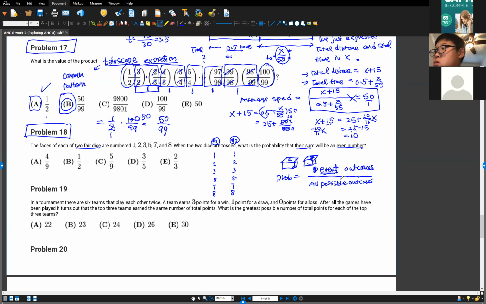What is the event? We need the sum to be even. That is the event, isn't it? Desired outcomes. We need the sum to be even. That's the probability. I got E. Any other answer?